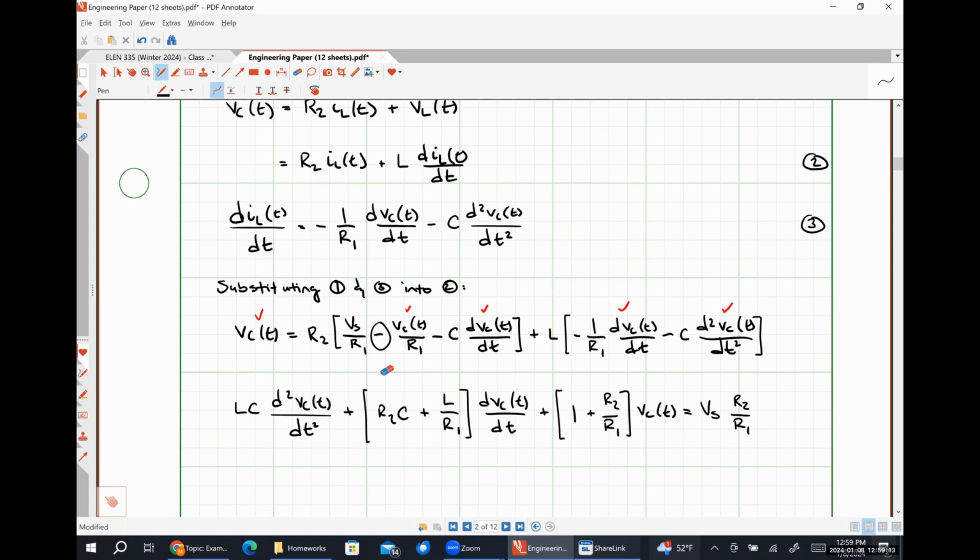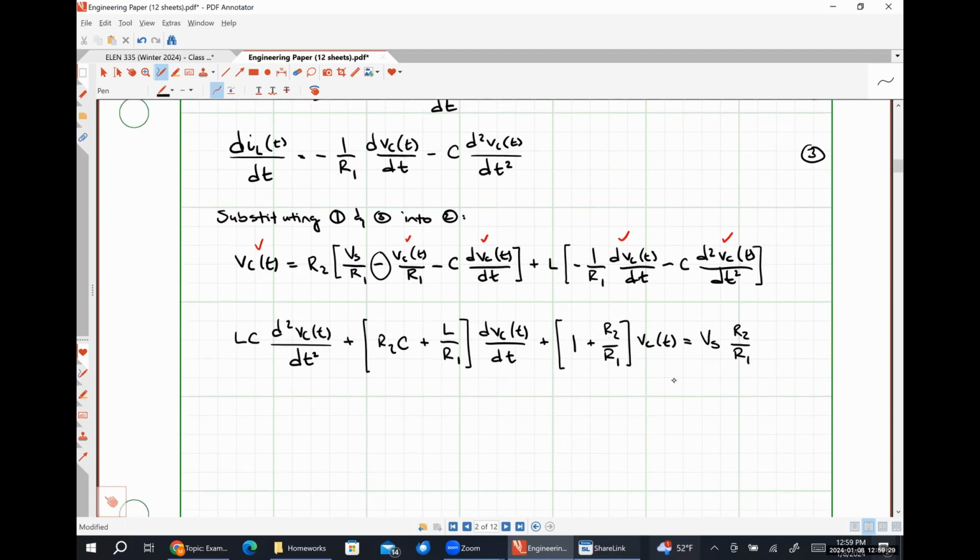So as I was saying, realistically, I could take an entirely separate step here and just divide everything by LC to make sure that my coefficient on my second derivative term is 1, but I'm lazy and we can very obviously see that that's how things are going to work.